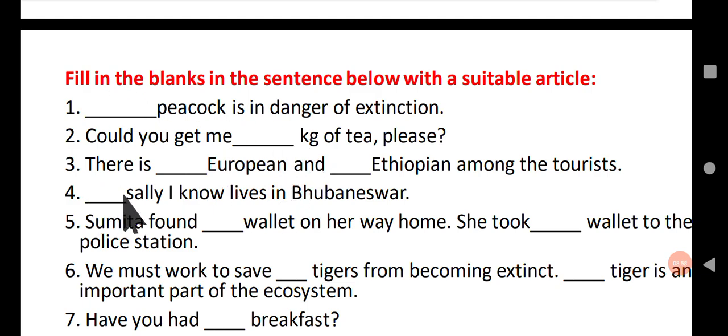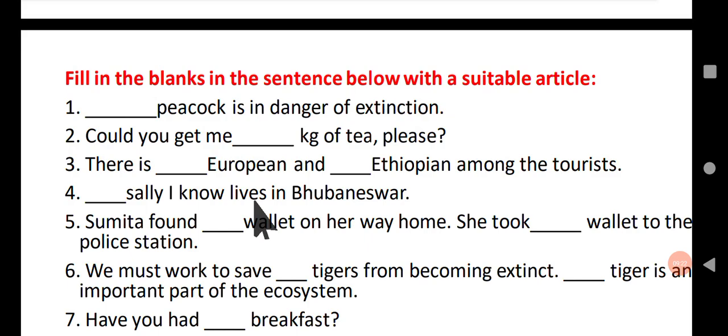Next, there is dash European and dash Ethiopian among the tourists. Which one can you use here? First one, European. Here the pronunciation starts with what? Yeah.